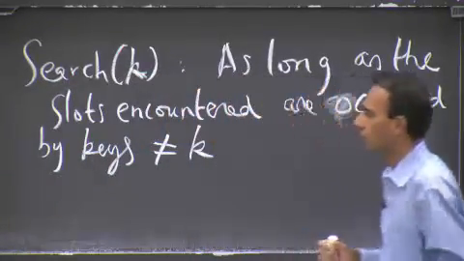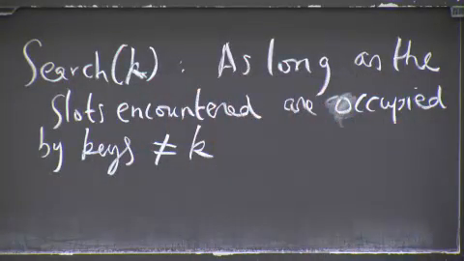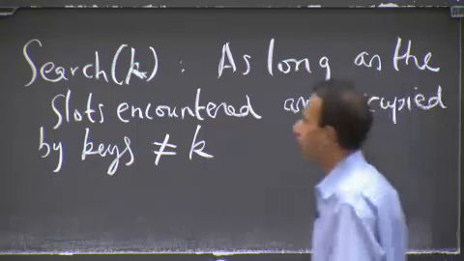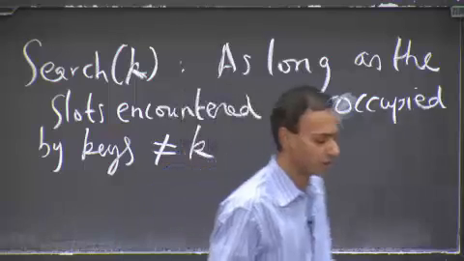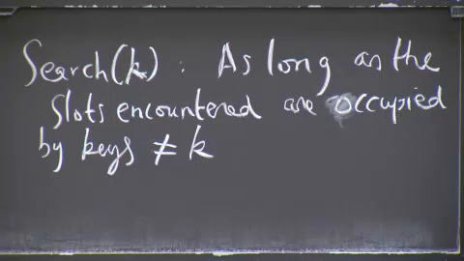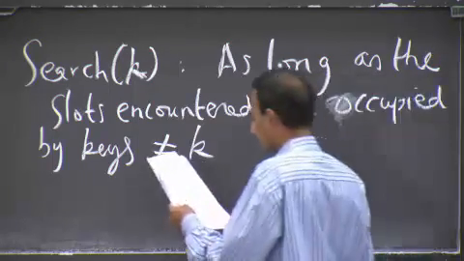So every time you probe, you go in there and say, I got a key, I found a hash for it, I go to this particular slot, I look inside of it, and I check to see whether the key that's stored inside of it is the same as the key I'm searching for. If not, I go to the next trial. If it is, then I return it. So that's pretty much it.